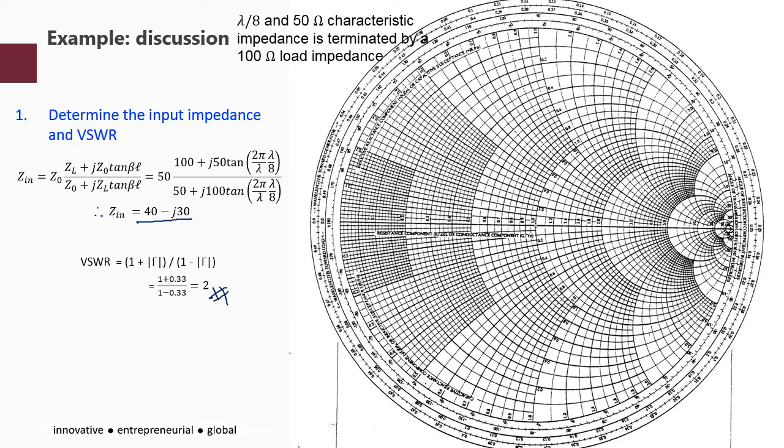Or else, if the question states clearly to use a Smith chart to determine the following, it means you still need to perform the solution using the Smith chart, although you have the equation in hand. Please read through the question carefully, in order to get full marks or higher marks for your steps.